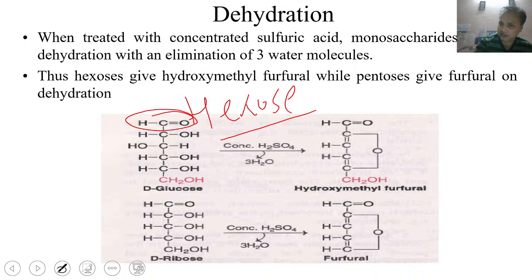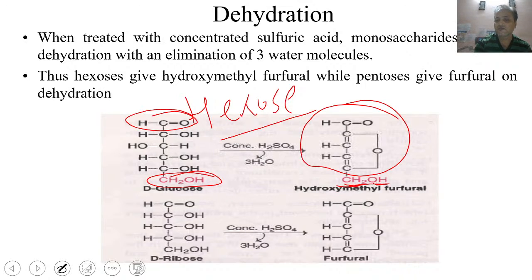Both terminal carbons, the first aldehyde group and the 6th primary alcohol, do not participate in the ring formation, and this type of structure is called hydroxymethyl furfural.